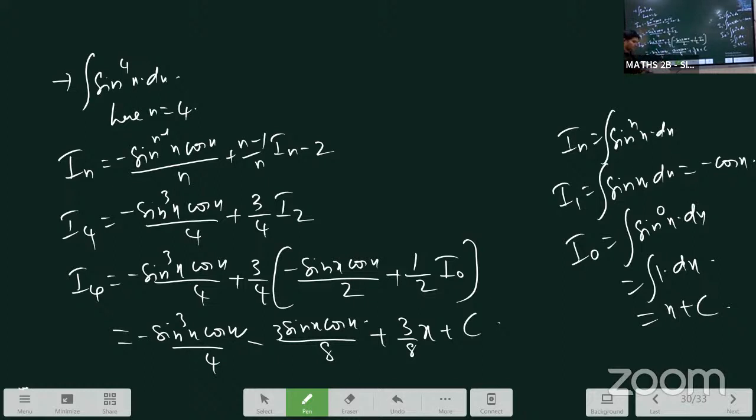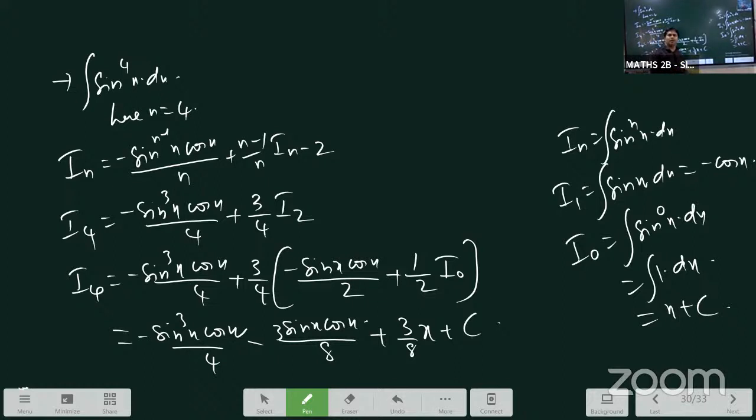So this is about your long answers of integration. After that, I'm suggesting we do definite integrals, a few long answers which are very important from the exam point of view. But for that, you should know your definite integral properties. I will write all the properties side by side. Then the last chapter will be differential equations.